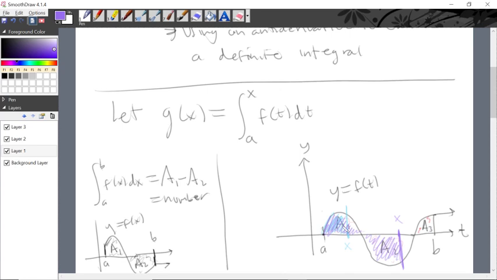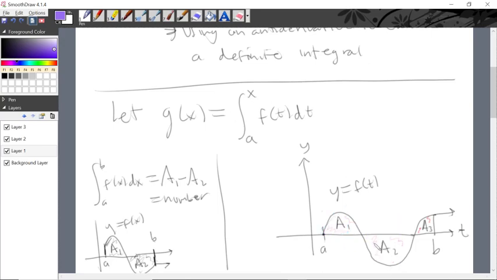So we would have A1 minus this portion of A2 up until x. So we've created a function out of this integral. It increases and it decreases according to how much net area we have, depending on the value of x.